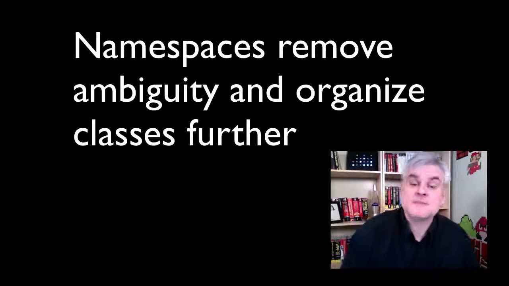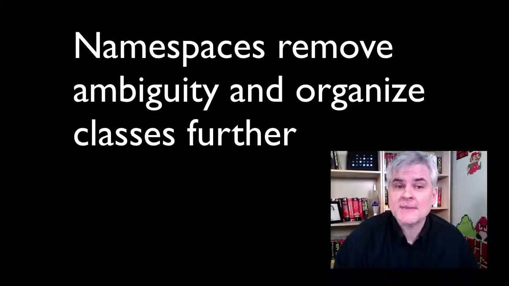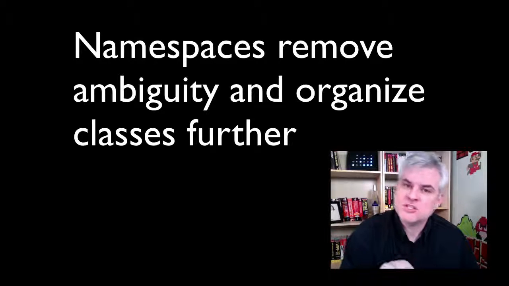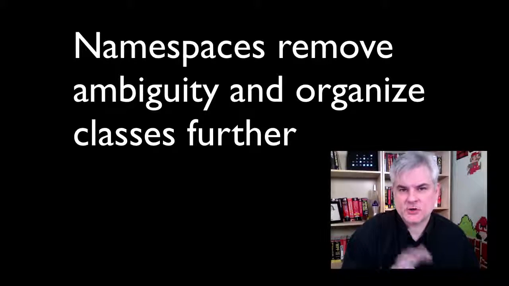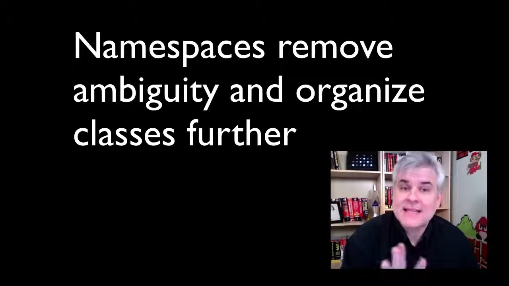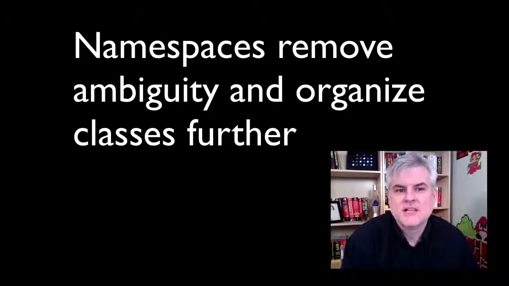And then the fifth thing we talked about were namespaces. And we said namespaces are a means of removing ambiguity and confusion, much like the reason for your last name or your surname. It's like a last name for your classes. This is what Microsoft has done for all of its classes.